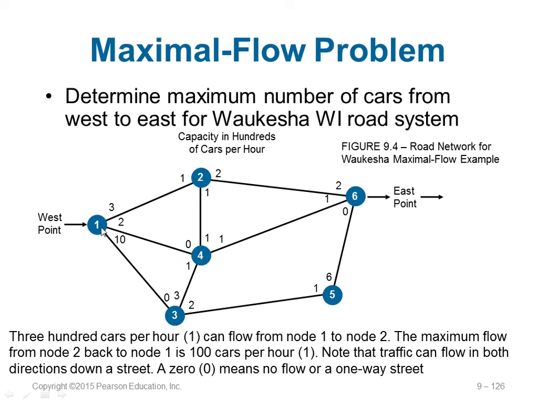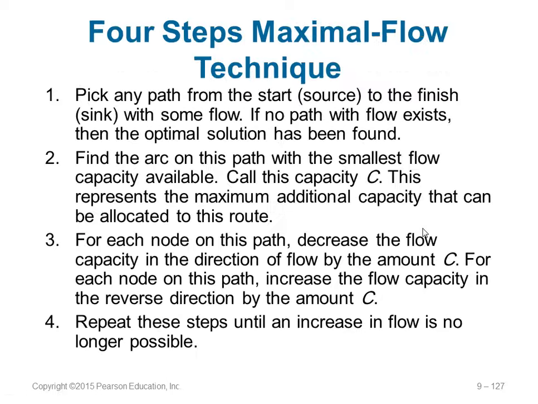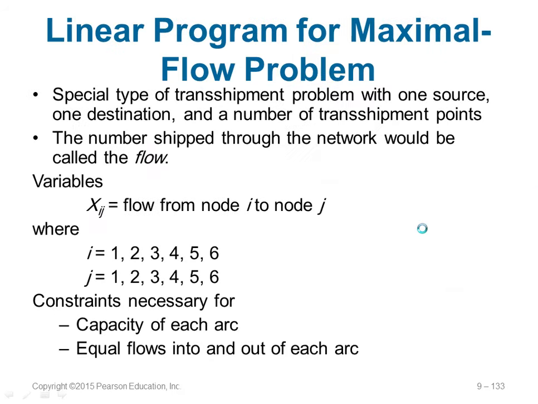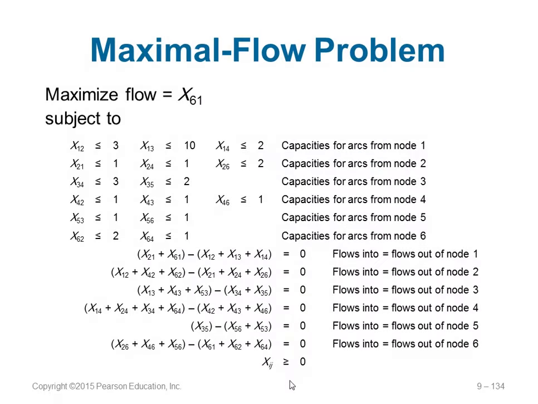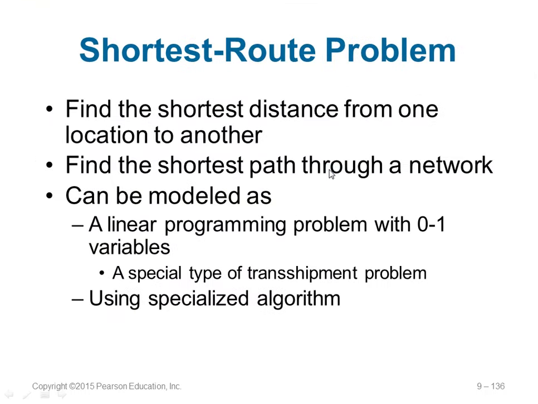So x12, x14, x13 should be equal to x61 and x21. Similarly you can find for all the nodes, and you can represent it as a linear programming problem and solve it, with xij greater than or equal to 0. You can solve it using some tools also.